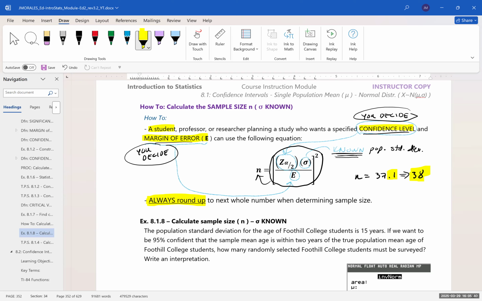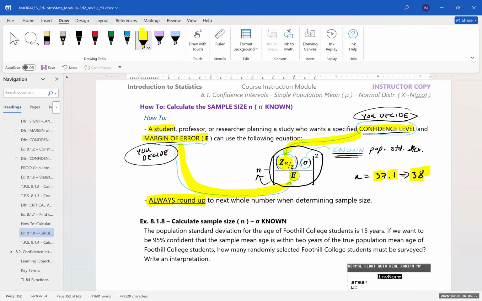If you were to round down in this case, you're going to come out with either too high a margin of error or too low a Z alpha/2 score that isn't going to properly reflect the confidence level or the margin of error that you originally decided on at a minimum.